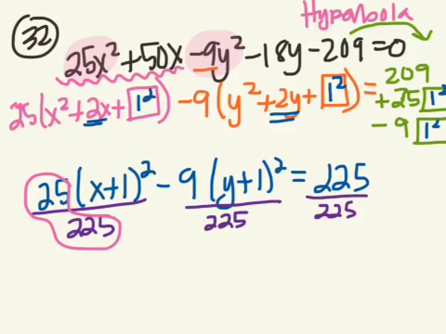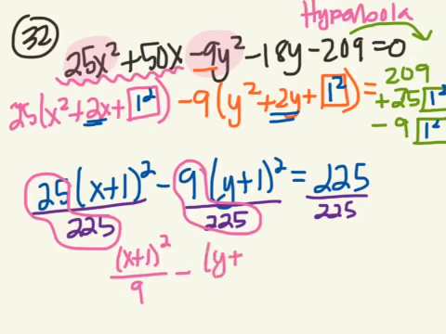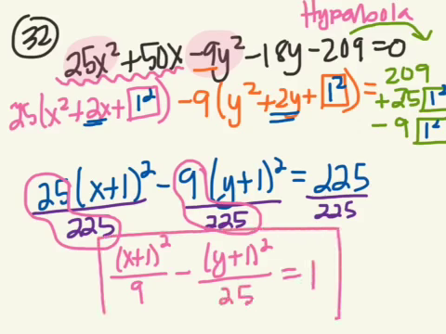So we don't really need to put the 1 there, so we'll just keep it as x plus 1 squared over 9. Minus, reduce this 9 over 225, which reduces to 1/25. So we have y plus 1 squared over 25 equal to 1. So there's the standard form of that hyperbola.